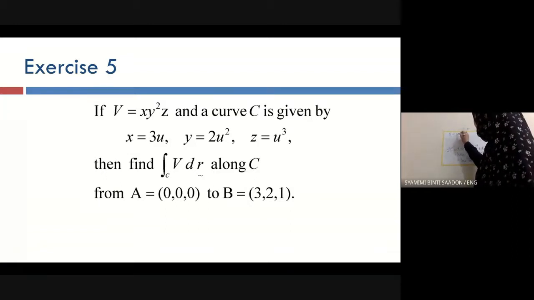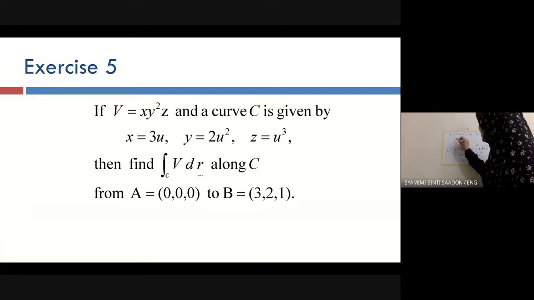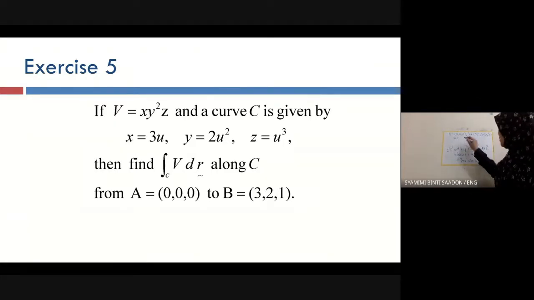Just now x is 3u, so 3u equals 0, 2u square equals 0, and u to the power of 3 equals 0.